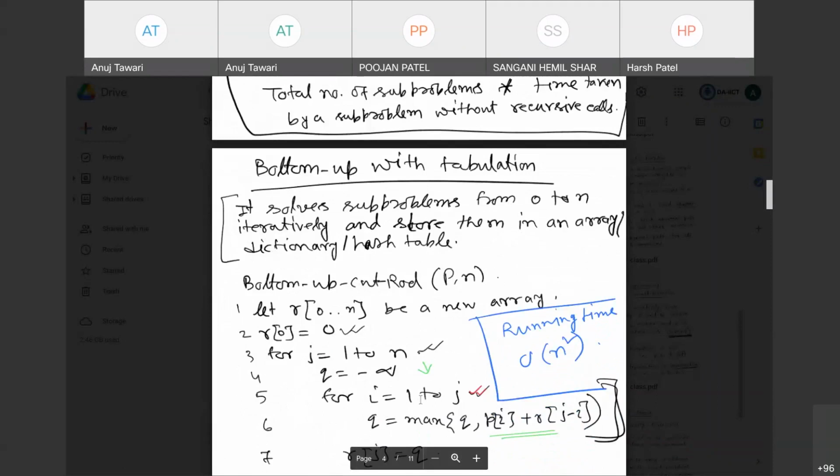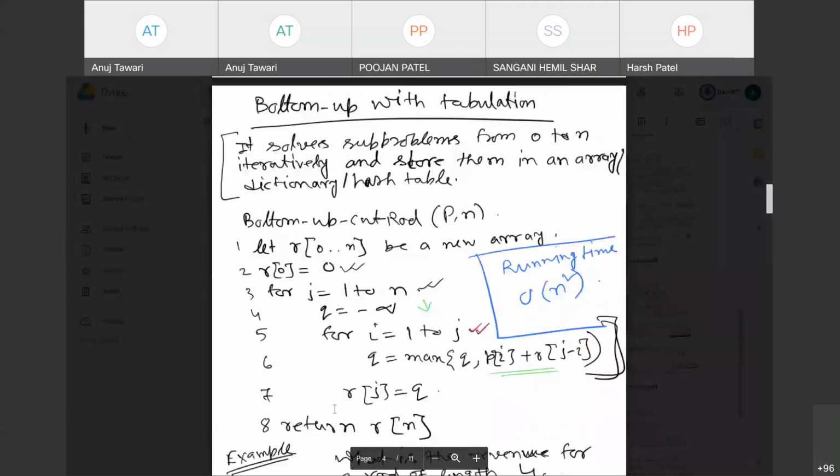For i from 1 to j, initially we set q to minus infinity and then take the maximum of q and p i plus r j minus i. This means the first cut was at step i, so the first part has length i, and then keep on recursively calling this. And then finally store the value of rj.